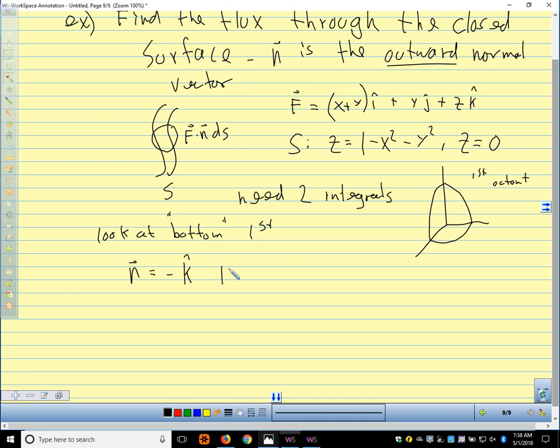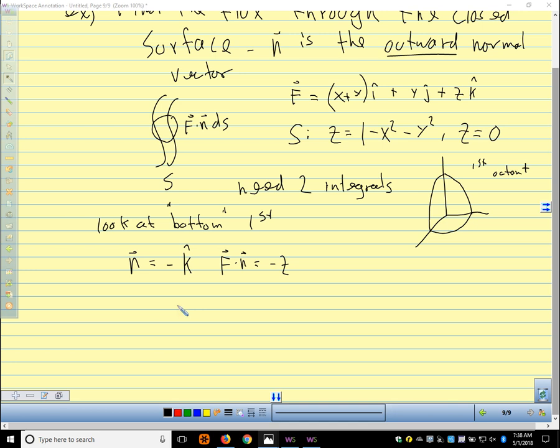F dot n is negative z. And our surface integral for that particular surface, f dot n dS, is going to be the integral over our region of negative z dA. Why is it just negative z at the bottom? That's a flat surface, it's just that circle in the xy plane. So the outward unit normal vector is just the normal vector to the xy plane.